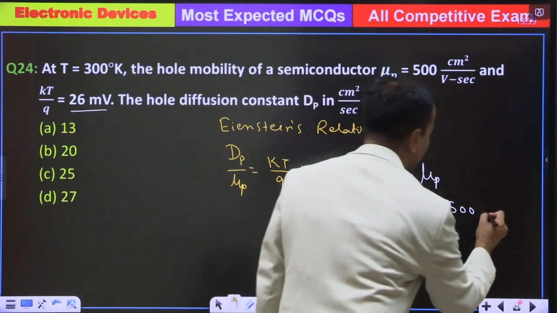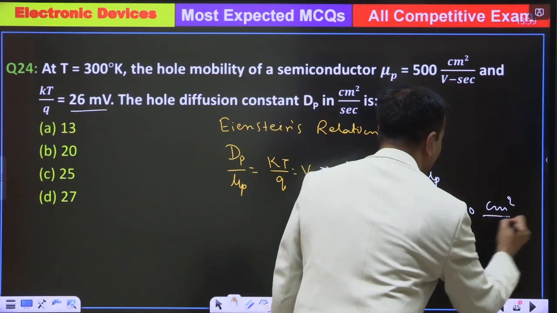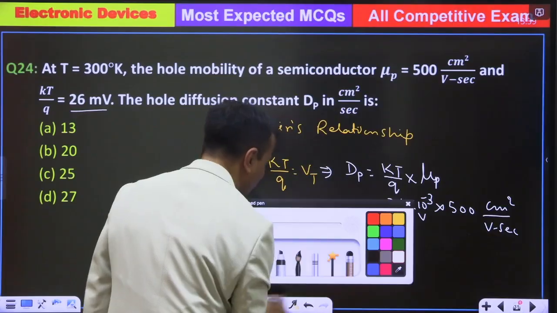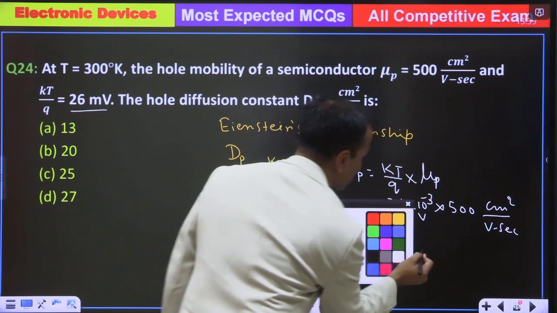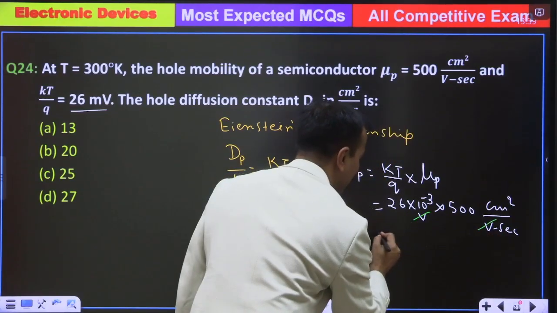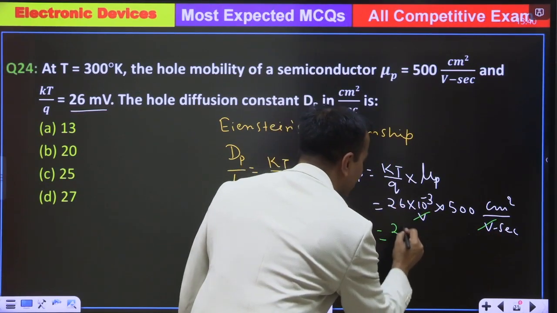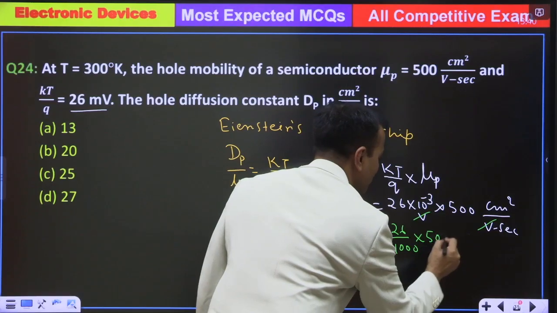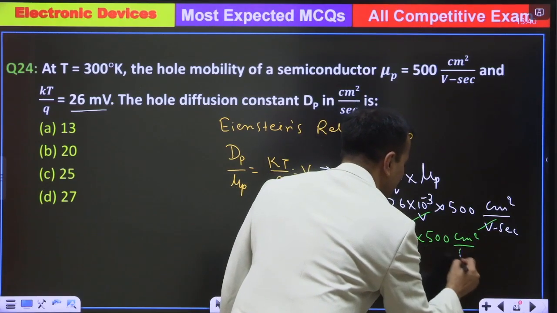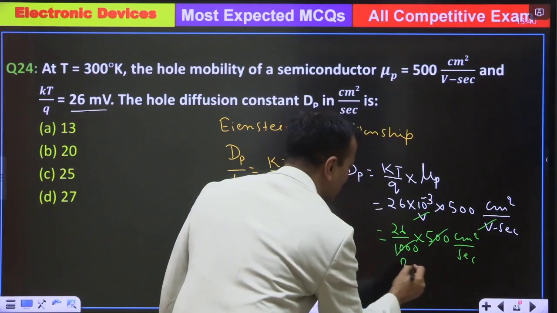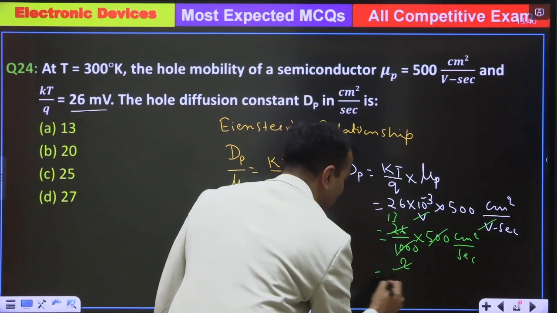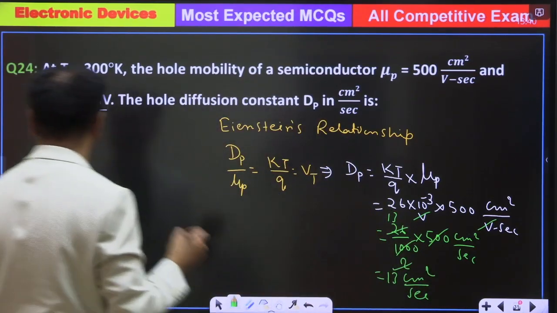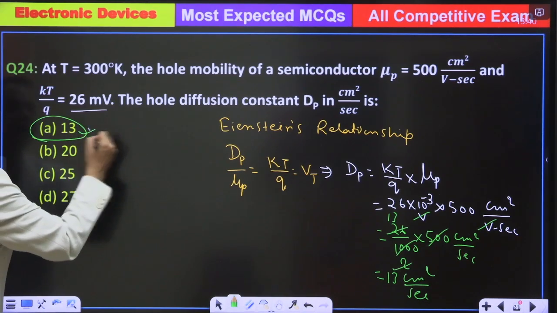This is having the unit of centimeter square per volt per second, and the other unit is volt here, so volt and volt get cancelled. So this can be written simply as 26 by 1000 into 500 centimeter square per second. So this will become 2 and this will become 13. So you'll get the answer 13 centimeter square per second. So option A is the right answer for this question.